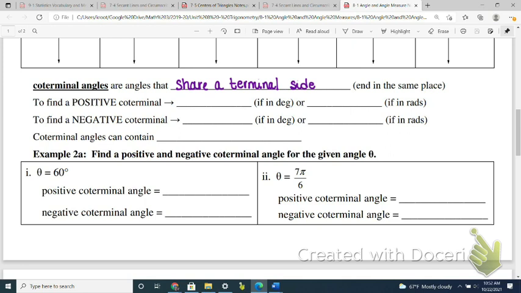To find a positive coterminal angle, you are going to either add 360 degrees, because that's one full circle, or add 2 pi, because that is one full circle in radians. To find a negative, you're going to do the opposite. You're going to subtract 360 degrees or 2 pi.